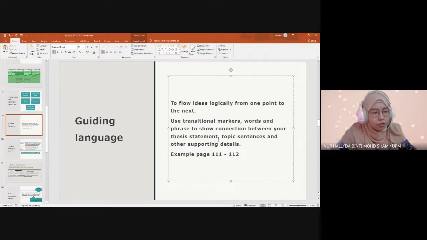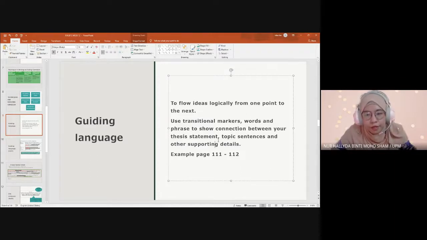So how to make sure all of these points are closely linked to one another? Dia berkaitan antara satu sama lain. So use transition markers or words to help you. Okay, the ones in bold here. We have so, however. When you want to provide an example, with a different word, you can say in other words, for example, they also, such as, thus.